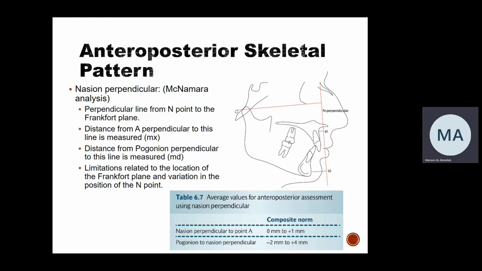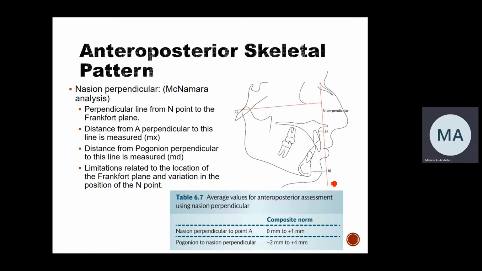The second analysis is McNamara analysis. It is called Basion perpendicular, and it is based on a perpendicular line dropped from the end point, as you can see here, perpendicular on the Frankfurt plane. And on average, we need to measure the distance from A point to this line and the pogonion to this line.